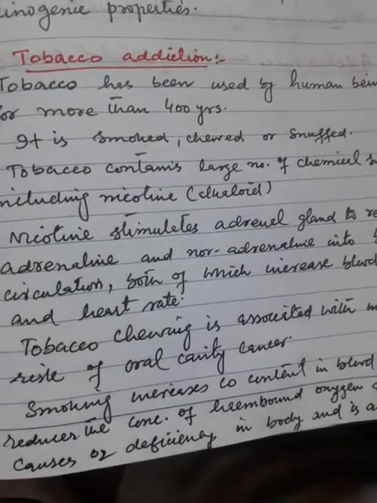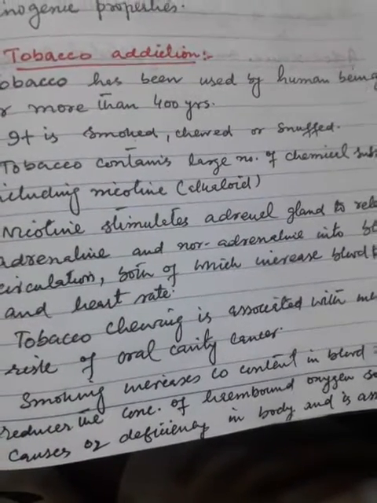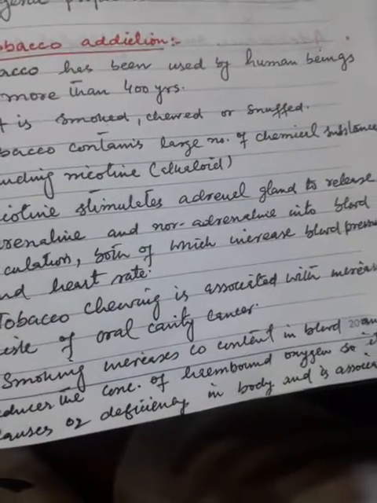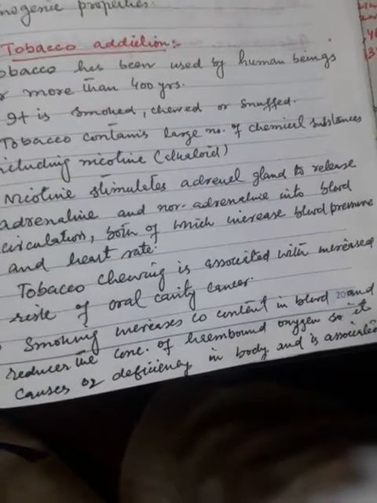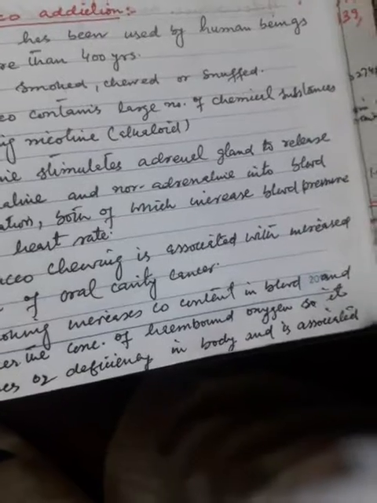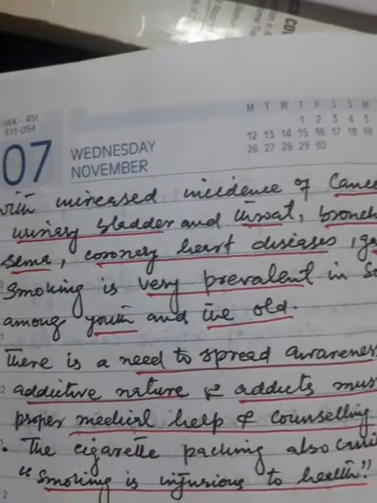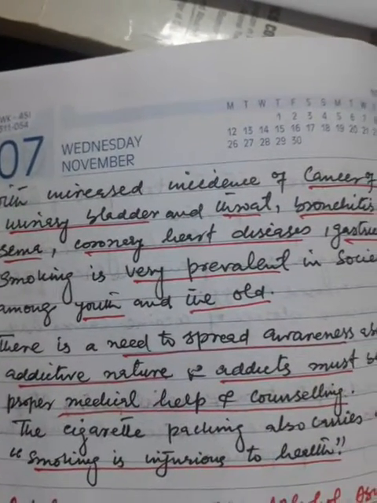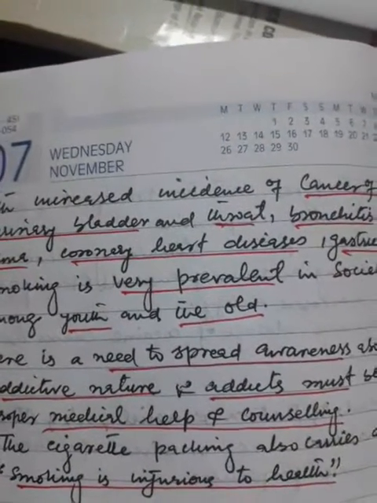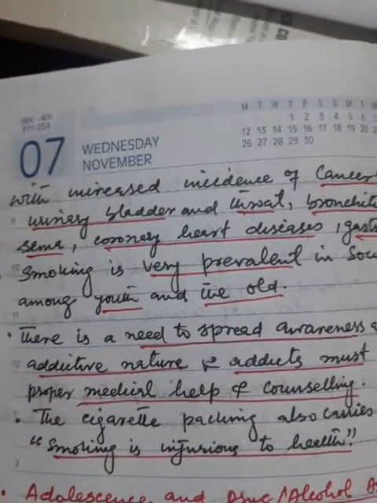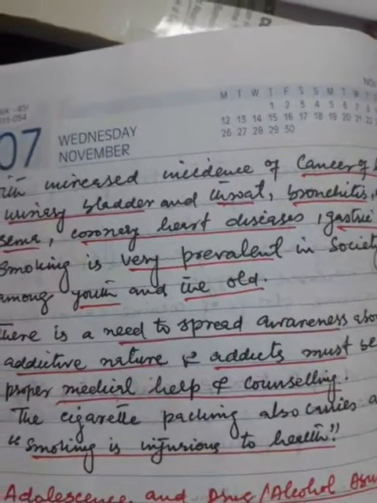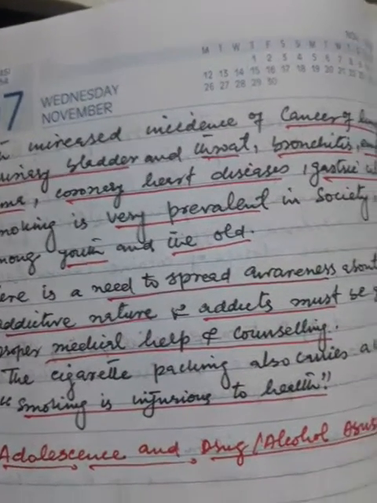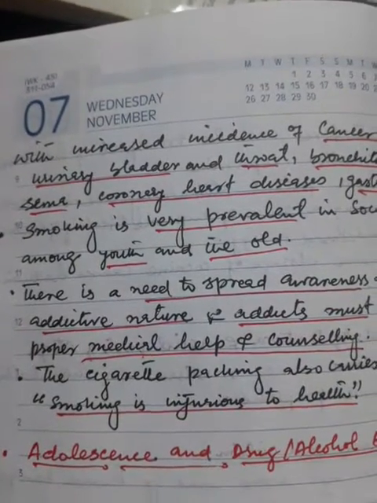Smoking increases carbon monoxide content in blood and reduces the concentration of heme-bound oxygen, so it causes oxygen deficiency in the body and is associated with increased incidence of cancer of lungs, urinary bladder and throat, bronchitis, emphysema, coronary heart diseases, gastric ulcers, etc. Smoking is very prevalent in society, both among youth and the old.